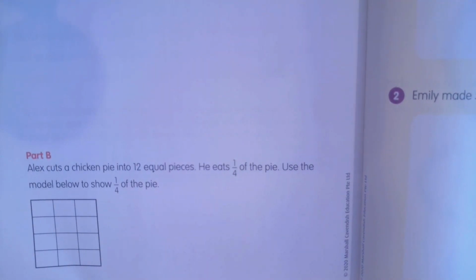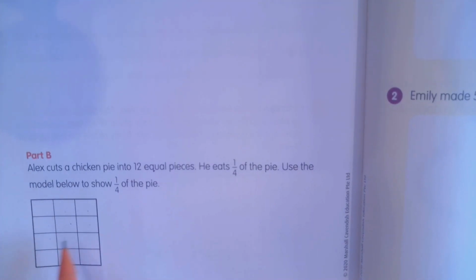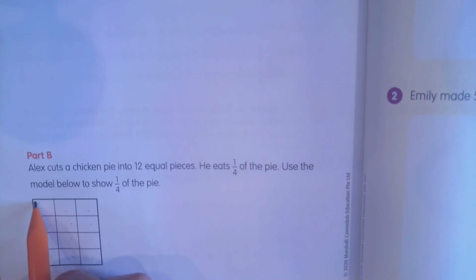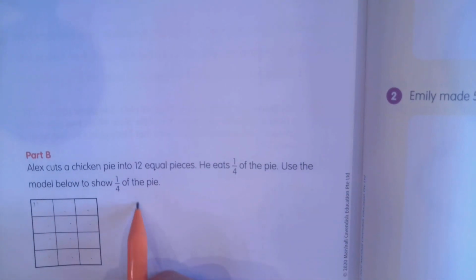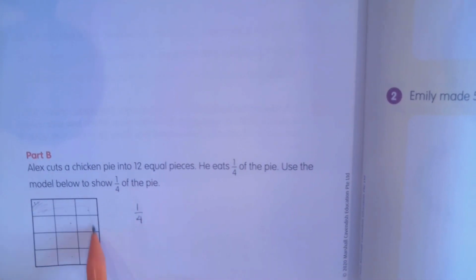Okay, Alex cuts a chicken pie into 12. So we have 1, 2, 3, 4, 5, 6, 7, 8, 9, 10, 11, 12 pieces. He eats 1/4 of the pie. So 1/4 of the pie would not just be 1 because the denominator is 12 whole pieces.